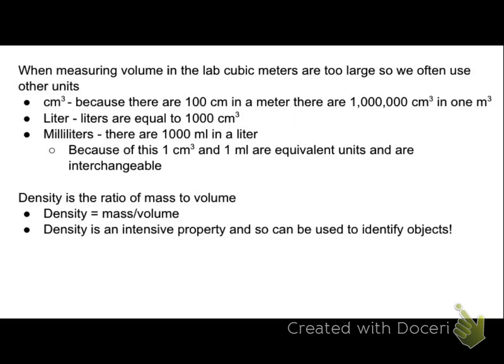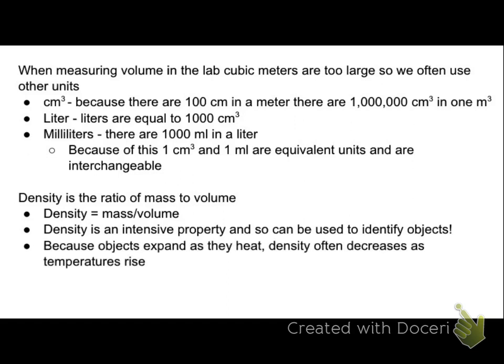If I have an unknown substance and I'm trying to figure out what that substance is, one of the calculations I should run is density. I should measure its volume and measure its mass and calculate its density, and then I can compare that density to a list of known densities.